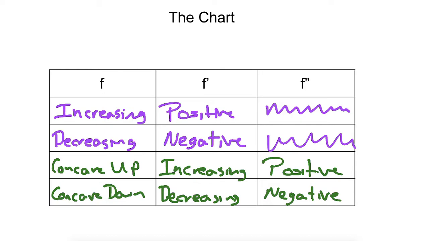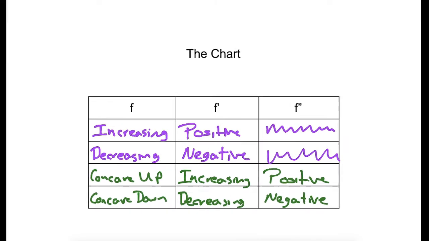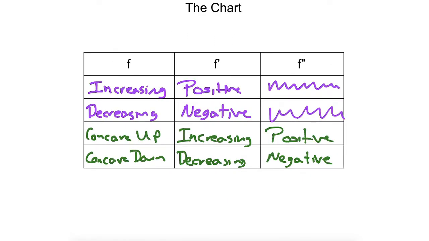So you can get a lot of information, and most of the time you're given that middle column, you're given f prime, and you're asked questions about f or maybe even f double prime. With that, there are different things that you can look at.